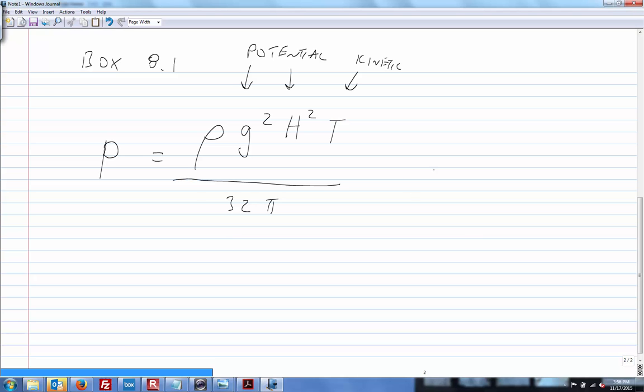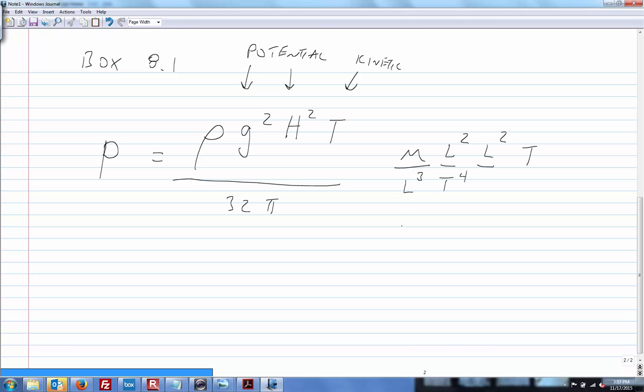So rho is mass per length cubed. Gravity is length per time squared, so that becomes length squared over time to the fourth. I hope this works out. Okay, let's see. H squared, so that's height, and that's length squared. And then finally, time.